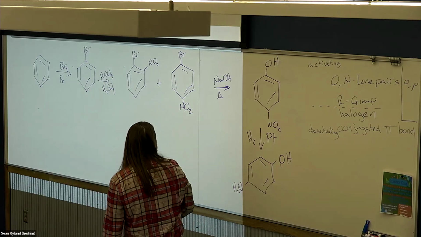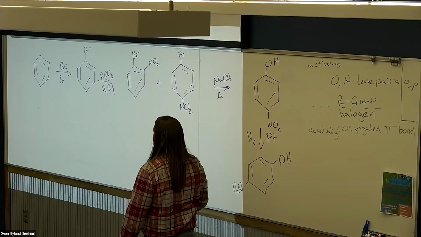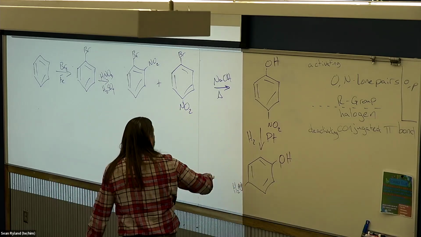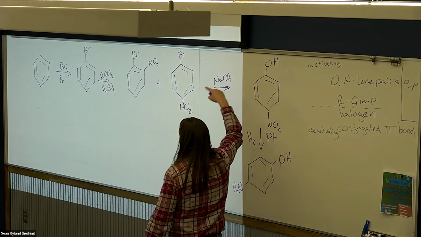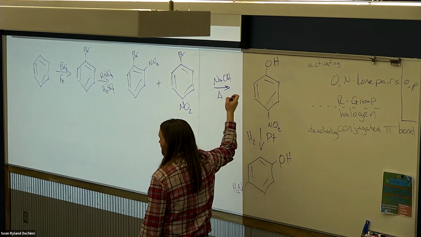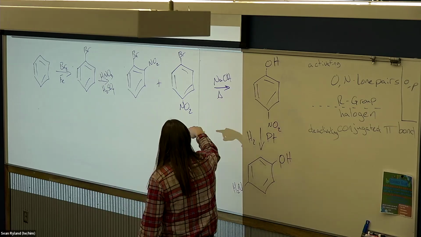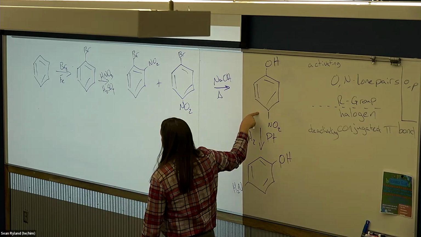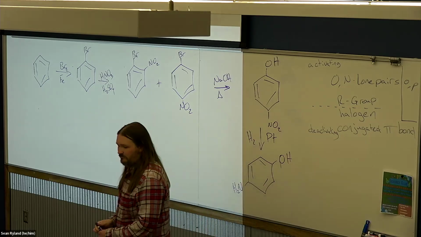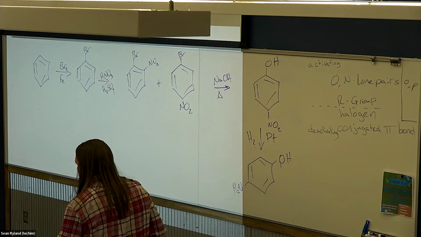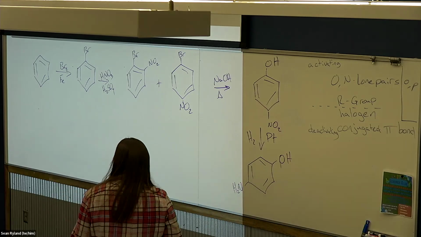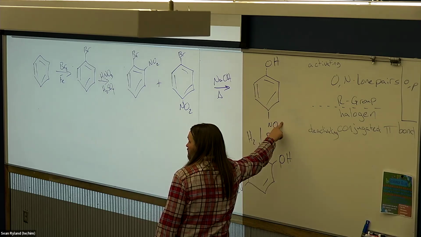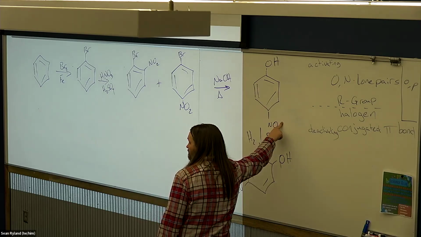Right, and the order of the steps does matter, not just for meta versus para, but we can't reduce the nitro group until after we do the substitution reaction. Right, because we need that strongly electron withdrawing group in order for this step to work. But why didn't we just end this? Because the problem said NH2, not NO2. Oh.